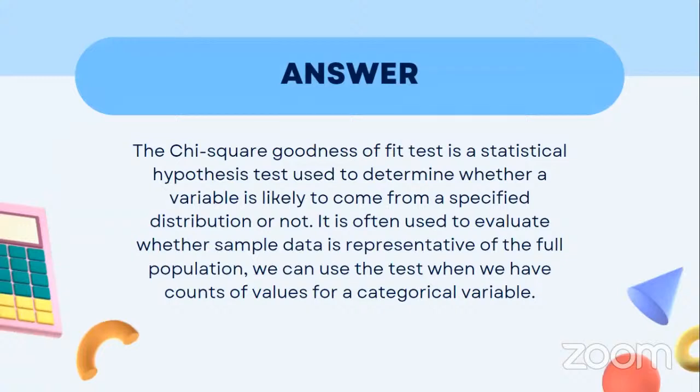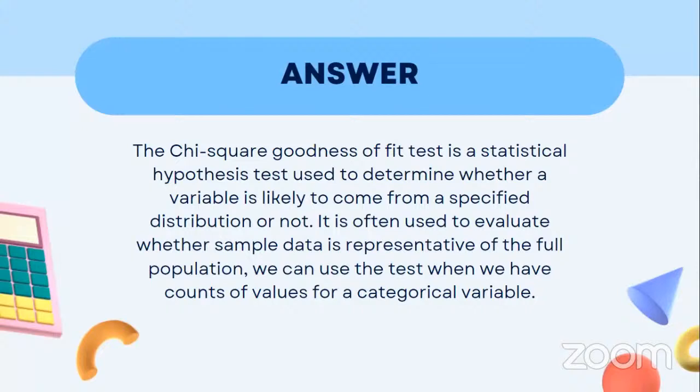The answer for the first question: the chi-square goodness of fit test is a statistical hypothesis test used to determine whether a variable is likely to come from a specified distribution or not. It is often used to evaluate whether sample data is representative of the full population.